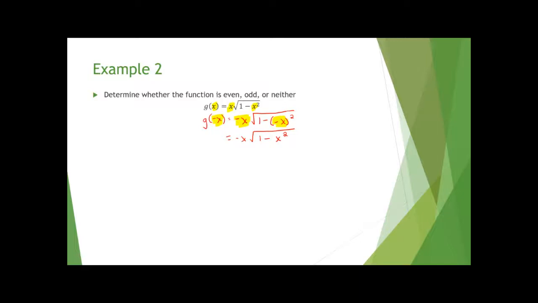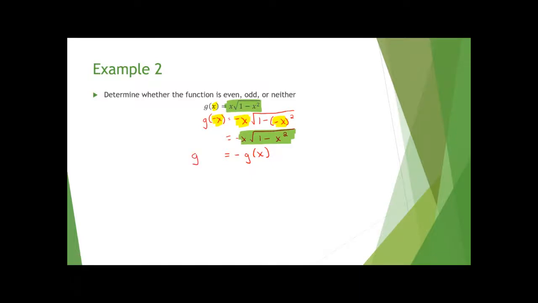Now if we ignore that negative in front, everything else, x times the square root of 1 minus x squared, is the same thing we started with. That is g of x. So I just have a negative and then g of x. So this is really equal to negative g of x. I just got the same function but with a negative in front.